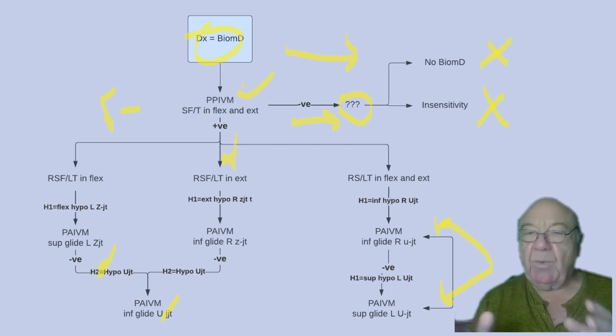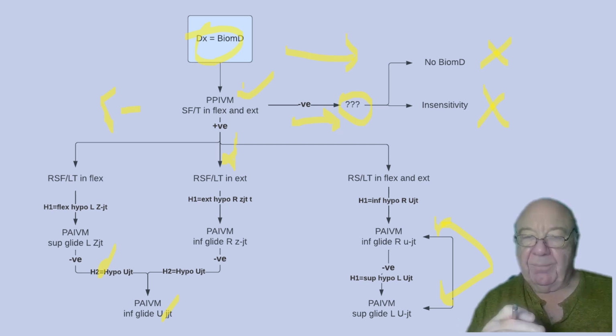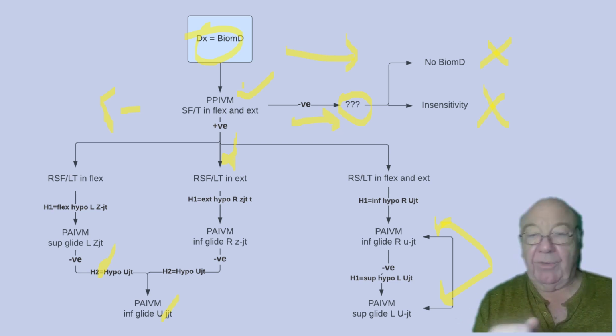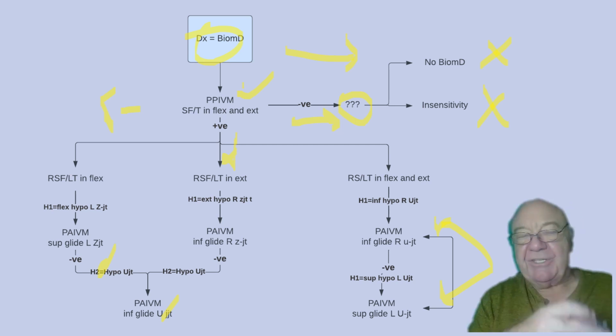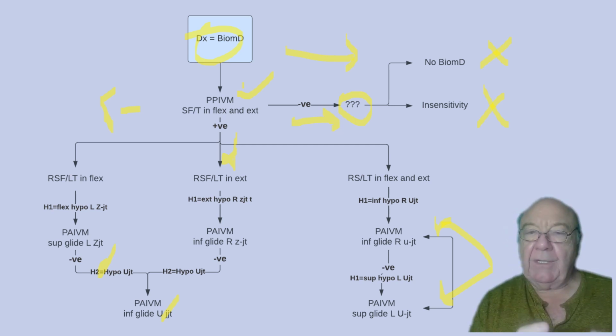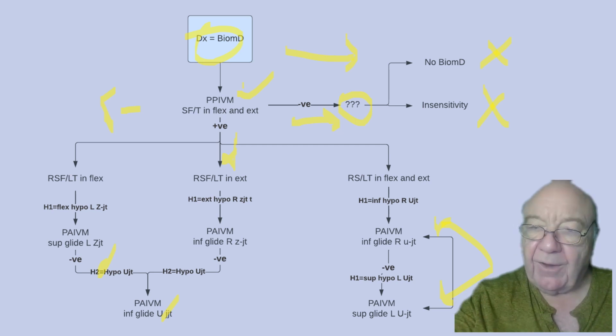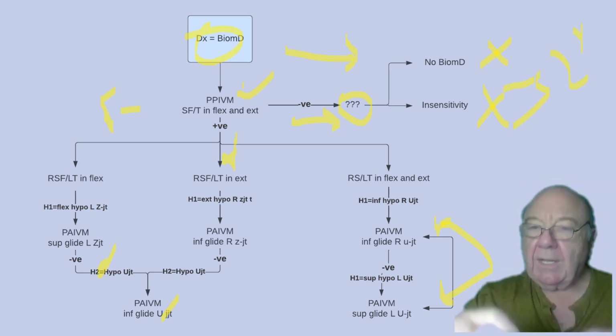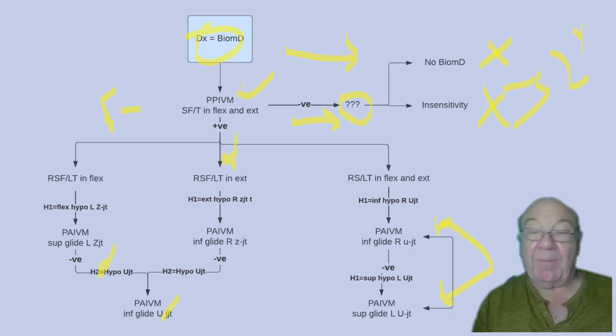The main one here is hypermobility. They're much more difficult to pick up than hypomobilities, and they can still give you the same sort of episodic nature of biomechanical dysfunction. So your best bet in this case is to send it out for a second opinion. And if you both come back negative, that's about as good as you can do, and you just put your hands up and say, I really don't know what's going on.